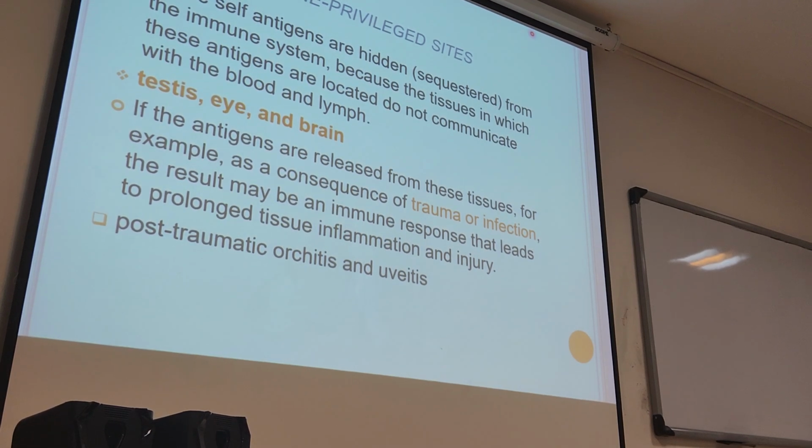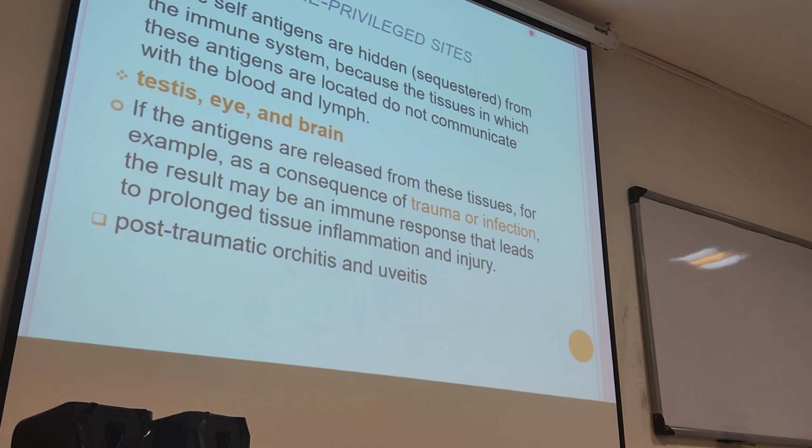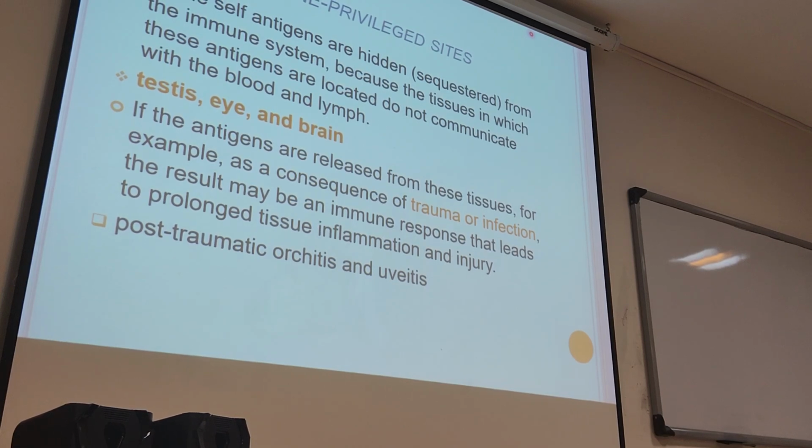But we have some immune privileged sites in which the antigens are not introduced to the immune system. These organs are testes, eye, and brain, because these antigens do not communicate with the blood and lymph.